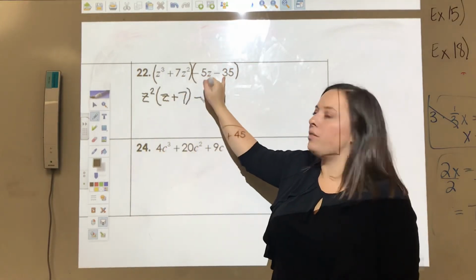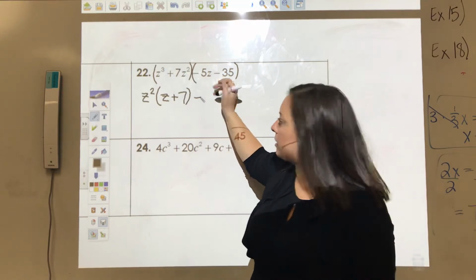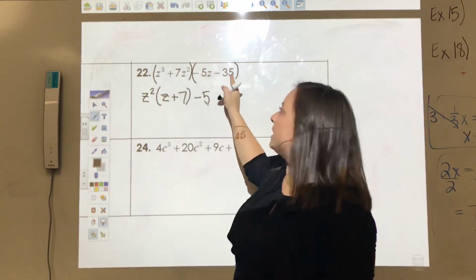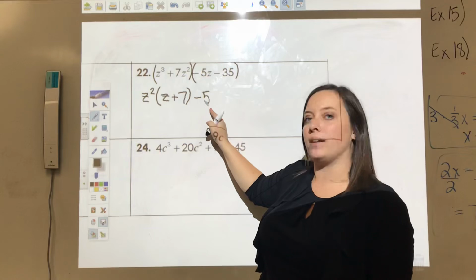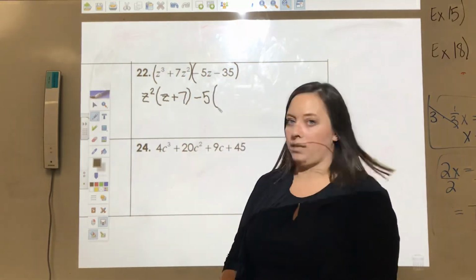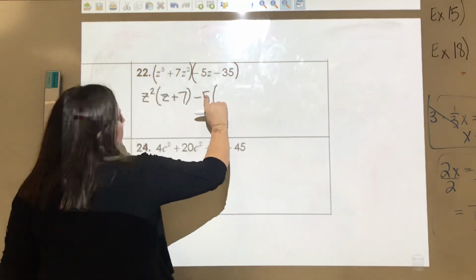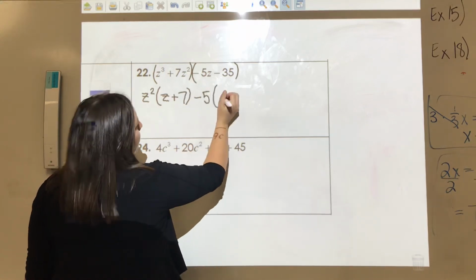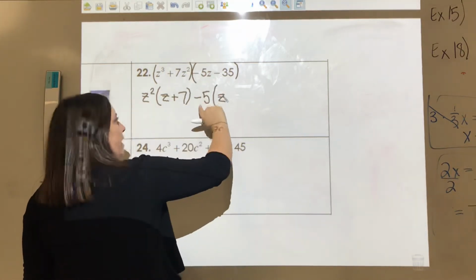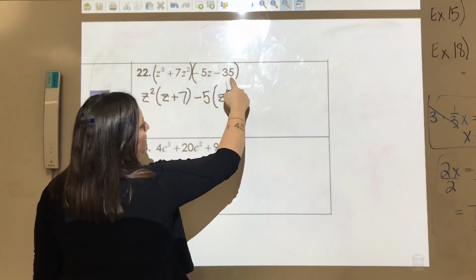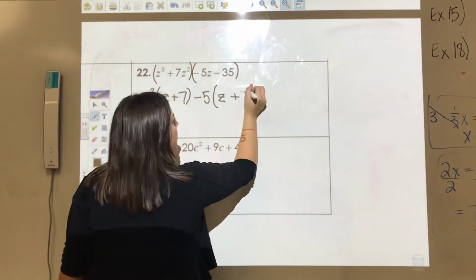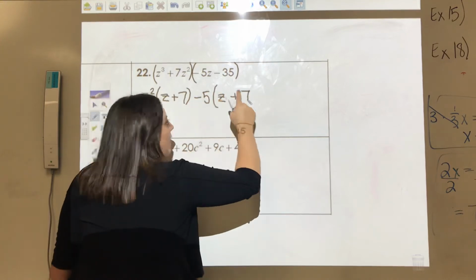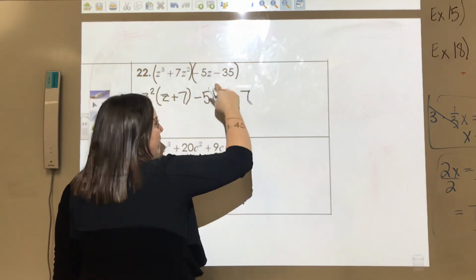So between 5 and 35, the greatest common factor is 5, and it does not have a z in common, so you can't pull out a z. Open up your parentheses. Negative 5 times what gives you negative 5z, so it's going to be a z. Negative 5 times what gives you a negative 35? Positive 7. Once again, negative 5 times positive 7 is negative 35.